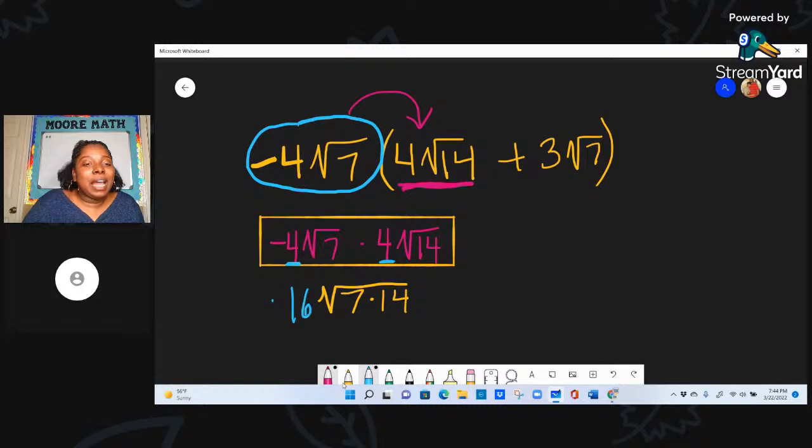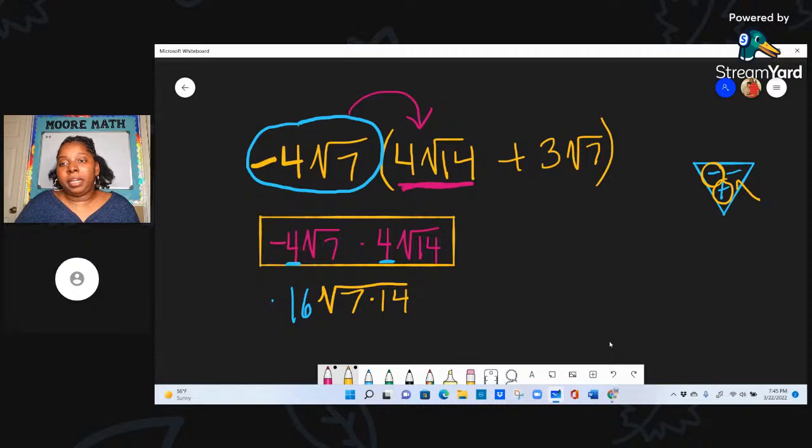And a negative times a positive. I'm not sure how your teacher taught you, but I teach my kids Dorito Man, right? So if we have a negative and a positive, what's left over? And they're like positive. So look at it. Look at Dorito Man.